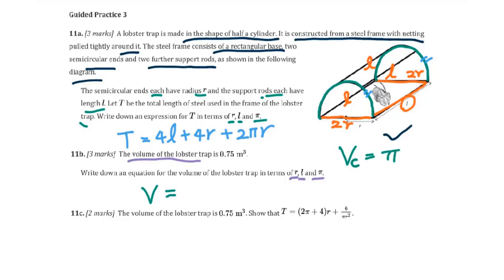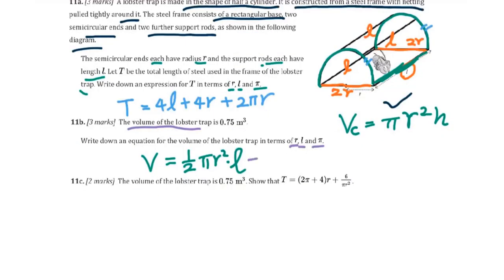We know that it's pi r squared times the height. So we get 1/2 pi r squared times height, and the height will be this L. Then we will set up this equals 0.75.